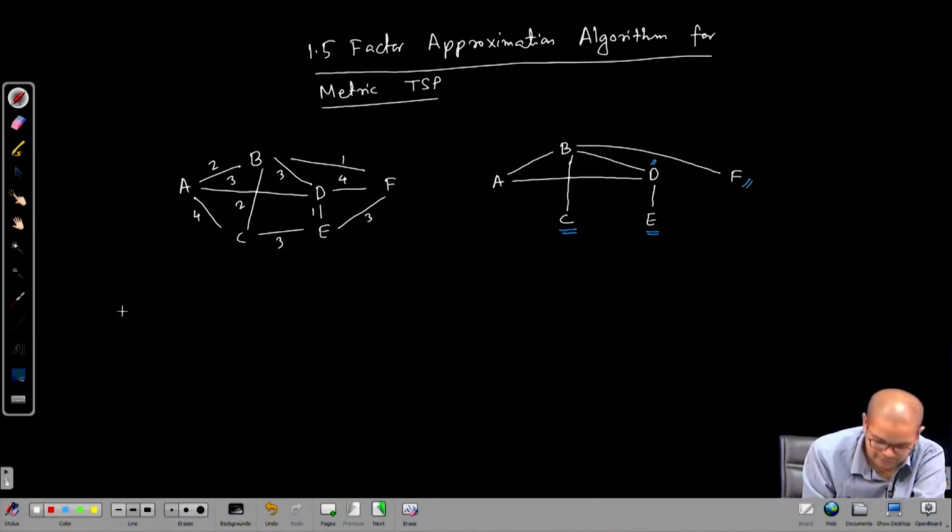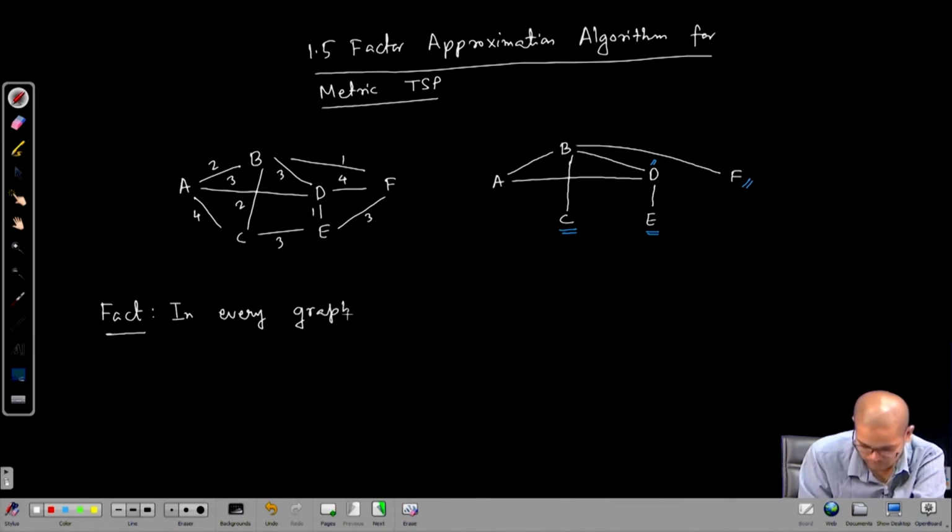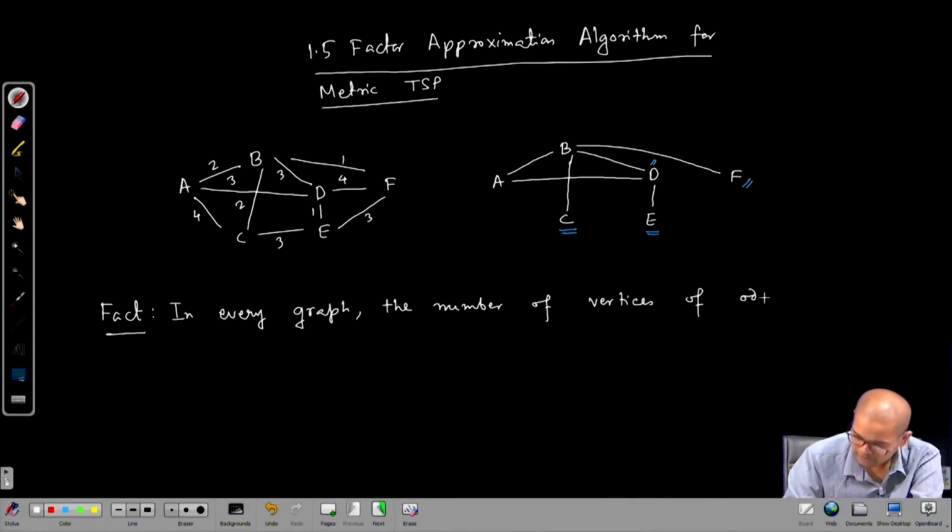So, here is a graph theoretic result which is quite easy to prove, but let us not prove it, and use it as a fact: in every graph the number of vertices of odd degree is even.